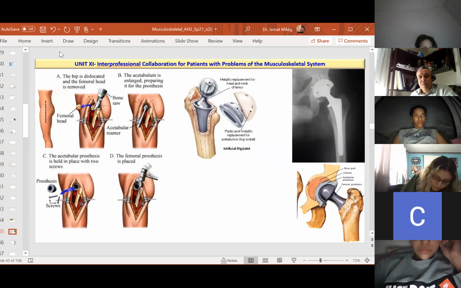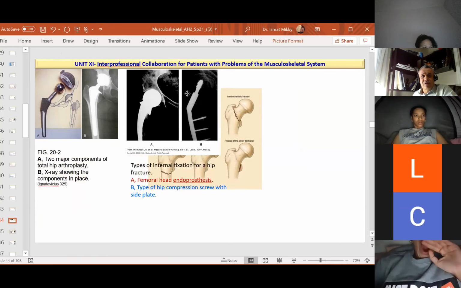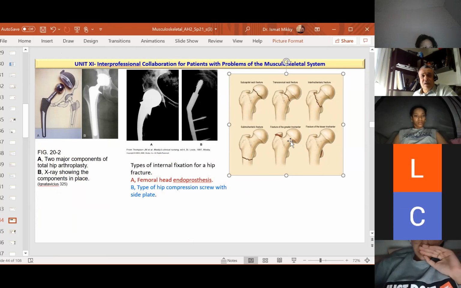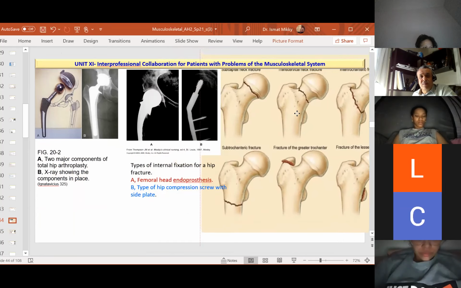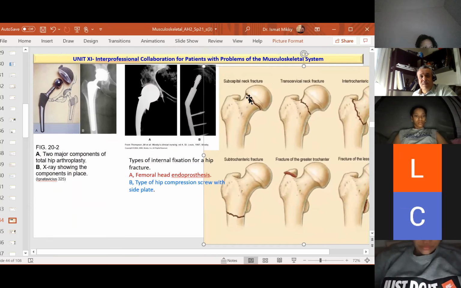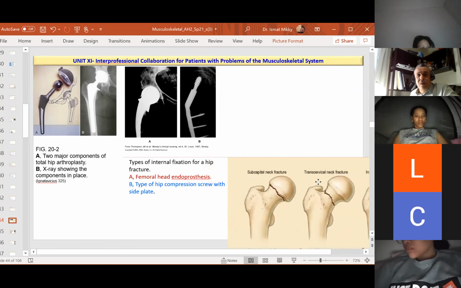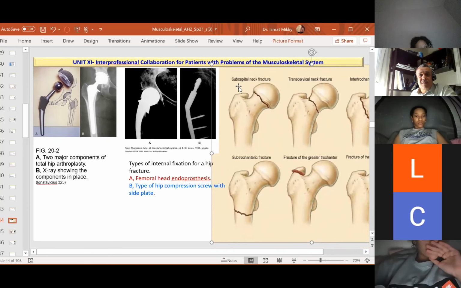And the fracture of the femur depends on the level of the fracture. Let's leave it here. The level of the fractures. Some fractures like this one is subcapital.